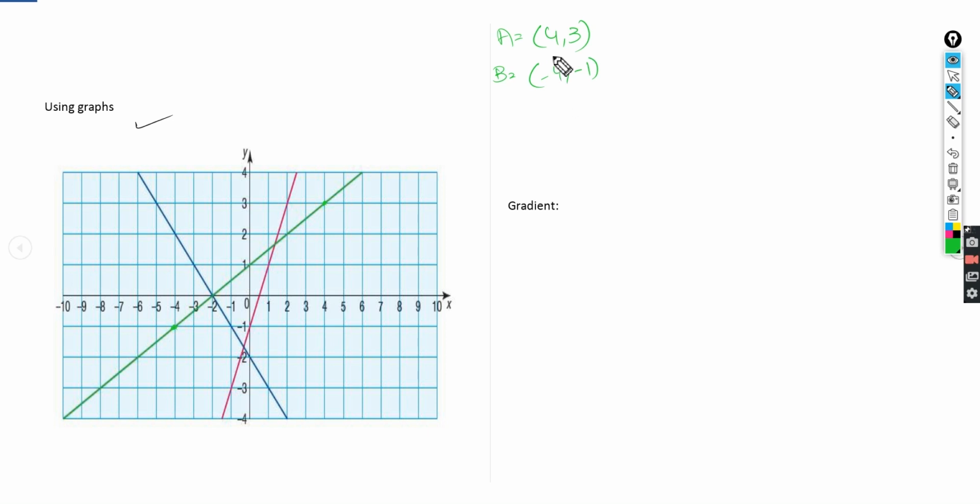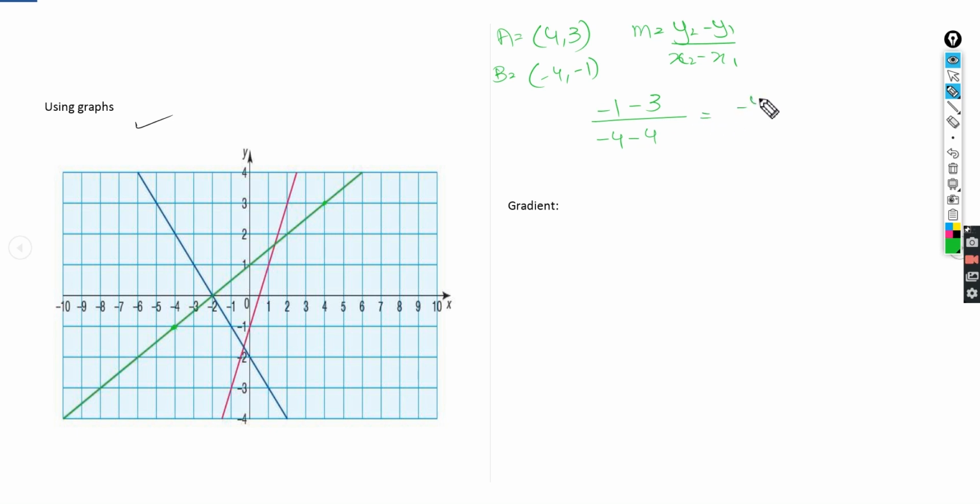What we do now is simply take the formula. What is the formula for m, or gradient? It is y2 minus y1 over x2 minus x1. So y2 is -1, so -1 minus 3, y1 is 3, over x2 is -4 minus x1 which is 4.